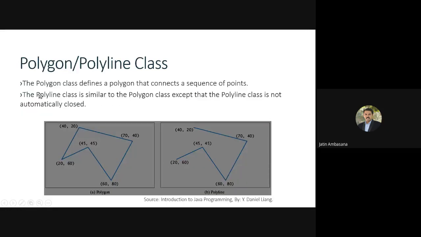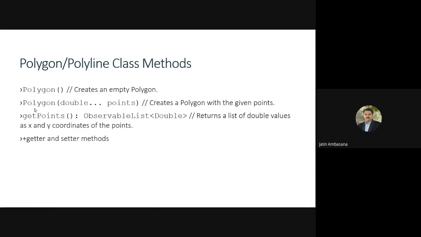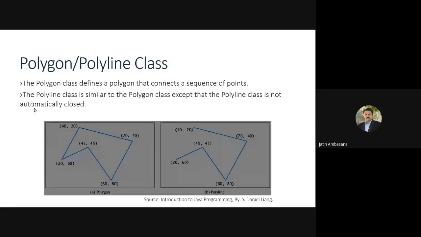And then comes the polygon class. After that, we also have polyline. So let's see the last class, that is the polygon class. The polygon class defines a polygon that connects a sequence of points. The sequence of points is important. The polyline class is similar to the polygon class, except that a polyline is not automatically closed, whereas a polygon is automatically closed.